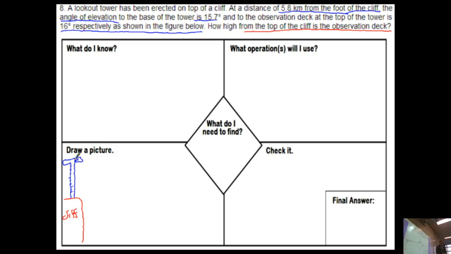And we have some distance away, 5.8 kilometers away, from the foot of the cliff. We have a person looking up. So an angle of elevation is a looking up angle.